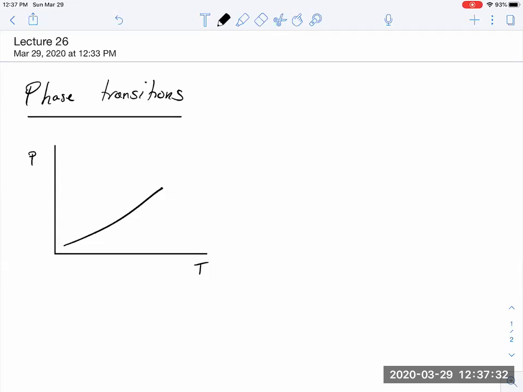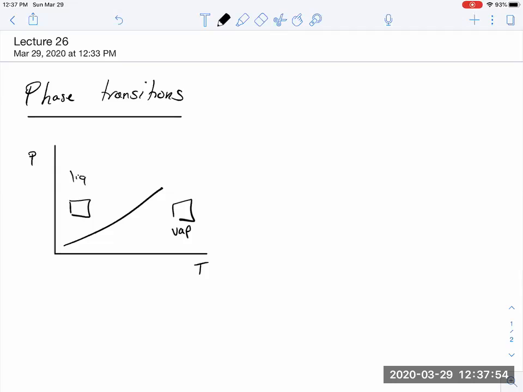Now for a common substance, two phases that might be exhibited would be, say, at high temperature and low pressure, a vapor, and at low temperature and higher pressure, a liquid.